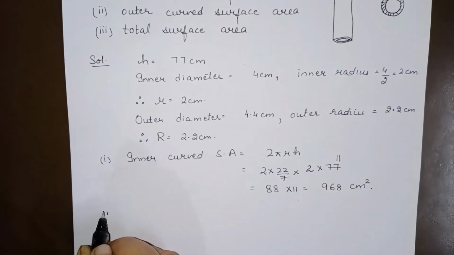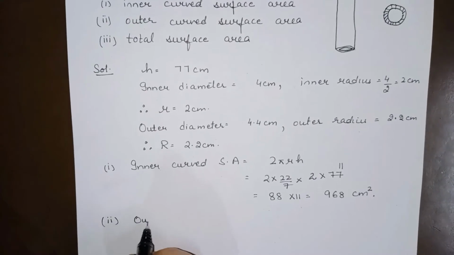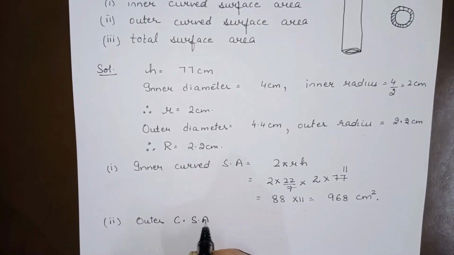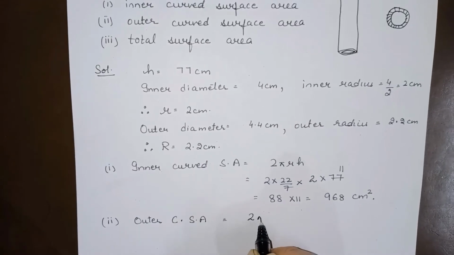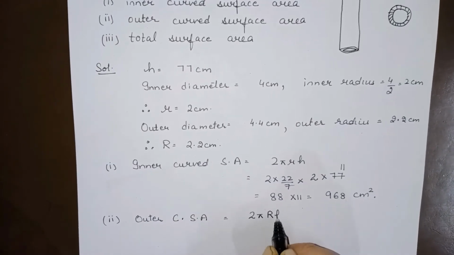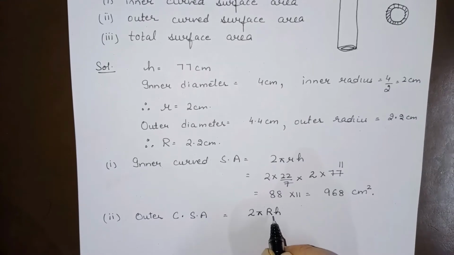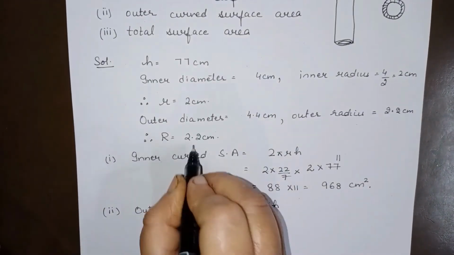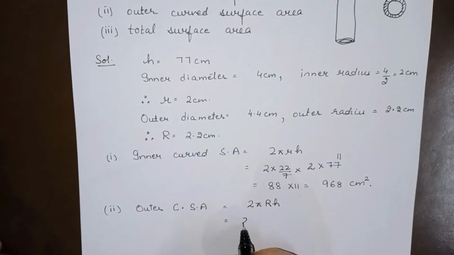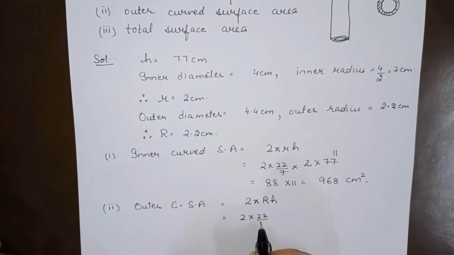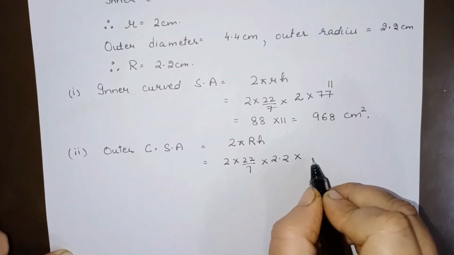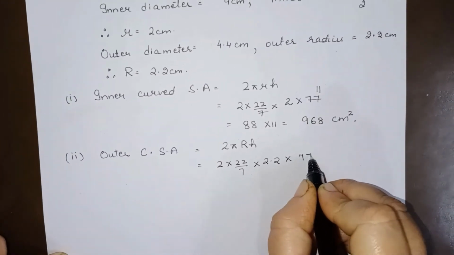Now secondly we have to find the outer surface area, outer curved surface area in the second part. So curved surface area is 2 pi RH. Since we have to find the outer curved surface area, we will take the outer radius which is 2.2. So it will be 2 into 22 by 7 into 2.2 into H. H here is 77.